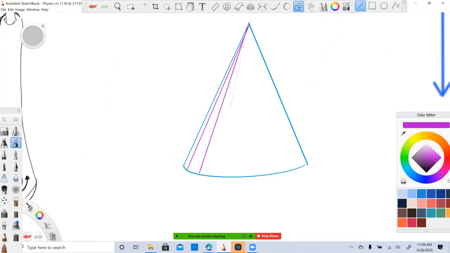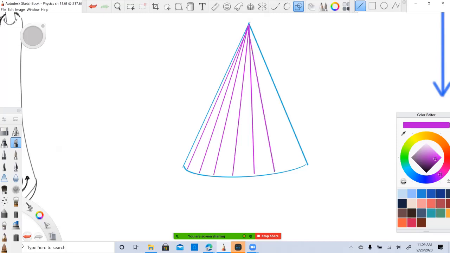And each pulse goes down a different line called beam lines. And you could see there's a bit of an inherent problem in producing images like this.